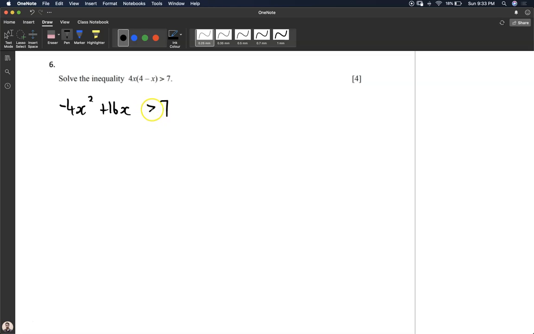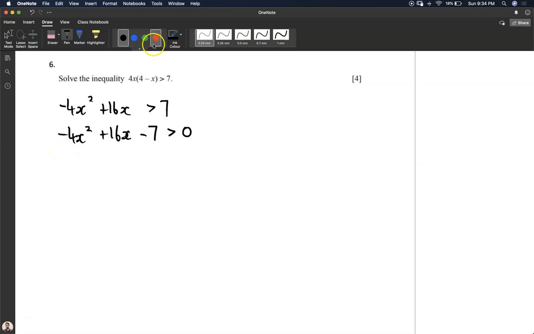It's quite interesting, the more than and my 7 kind of look the same. I hope I don't get confused. Negative 4x squared plus 16x minus 7 more than 0. I did almost get confused. So I just pushed the 7 to the left hand side so that I can get a full quadratic form.